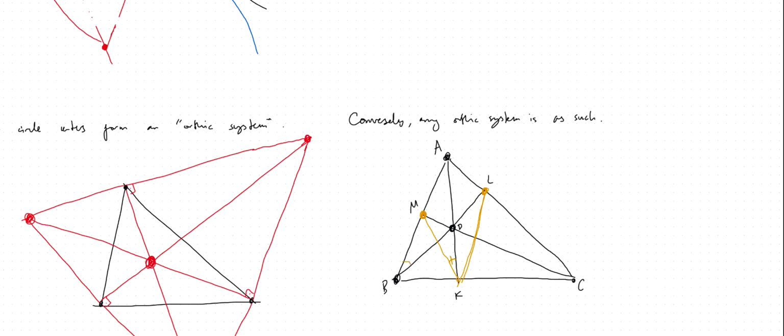Now if I consider the circle with diameter BA, BKLA, this is moved to here.